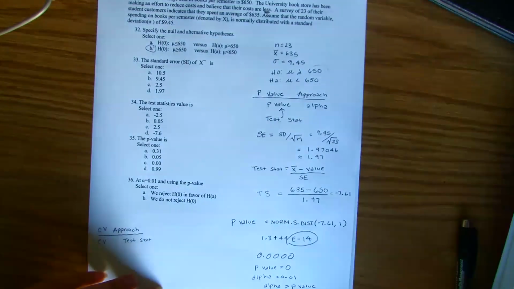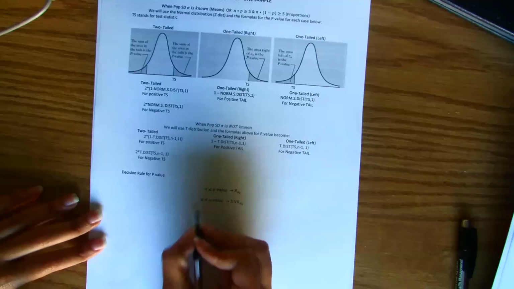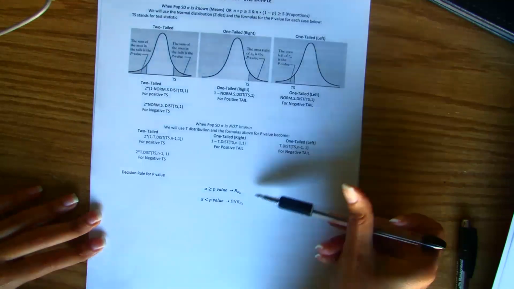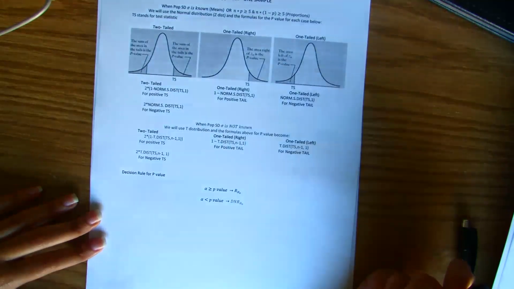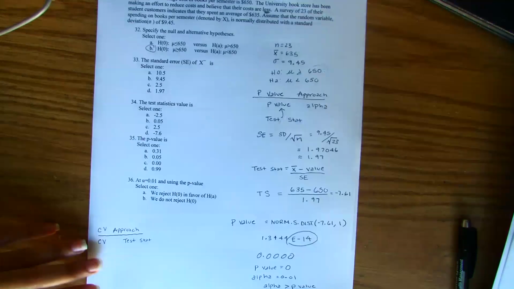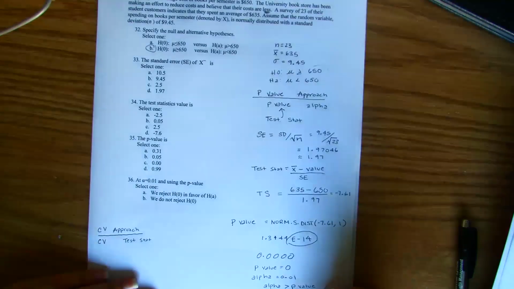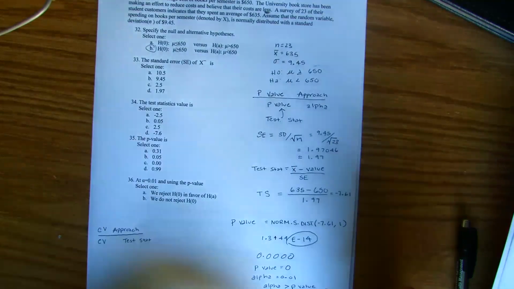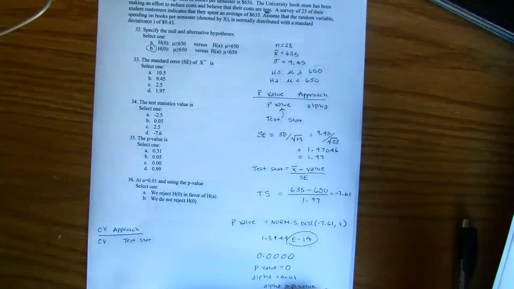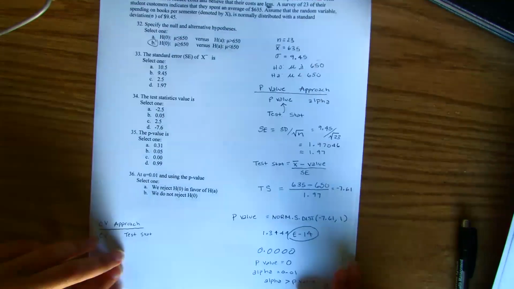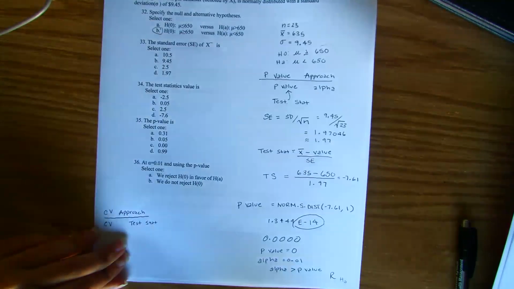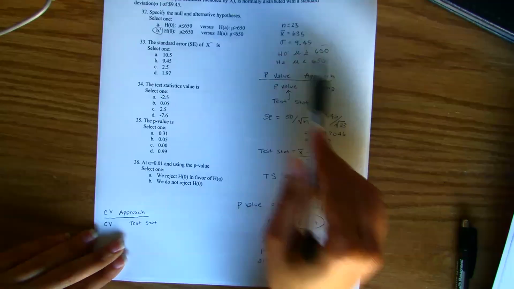And if we look here, whenever our alpha is greater than our p-value, we reject. So the answer is going to be we reject our null. Reject H0. I just wrote reject H0. But we've solved this whole entire problem.